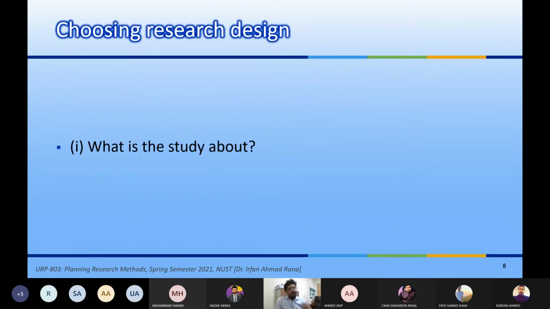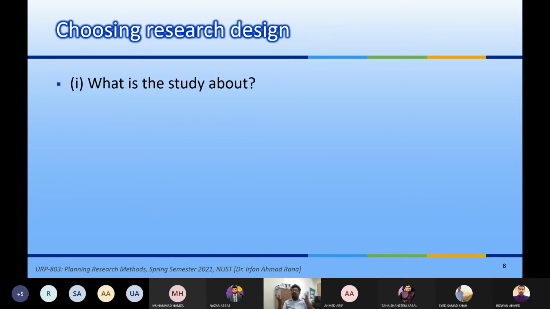So what really helps you choose a research design? The first question which comes to your mind is, what is the study about? What are you trying to do? You're urban planning students. You need to have some kind of link to urban planning phenomena or problems which your research might help resolve.